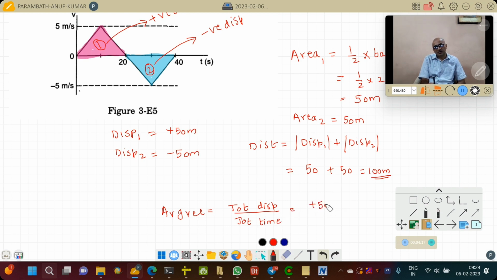Plus 50 meters minus 50 meters, which is 0, divided by the total time taken. So average velocity, you can confidently tell, is 0 meters per second. I hope the idea is clear to you, students. Average velocity is a vector quantity and it is vector displacement divided by time taken. Therefore, it is coming like this. I hope it is clear to you, students.